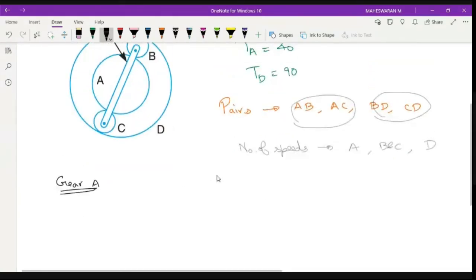You know that gear A is connected to C. How is it connected? Externally connected. In that case, I will write the equation NA by NC, or NB, is equal to TC by TA.